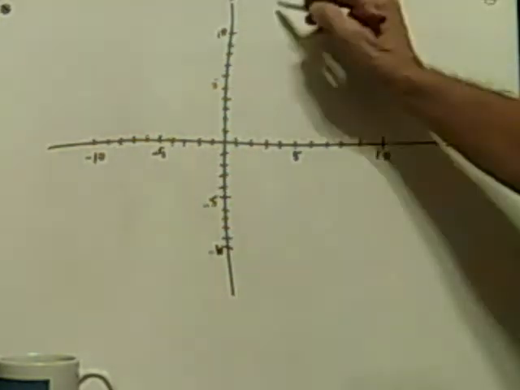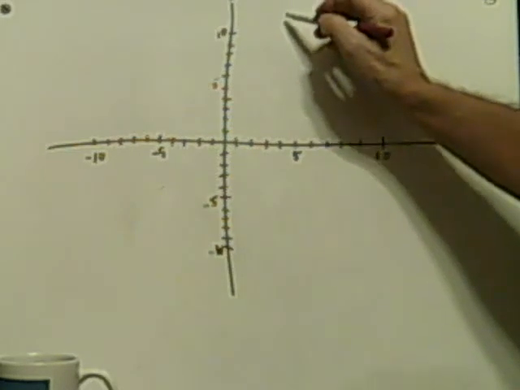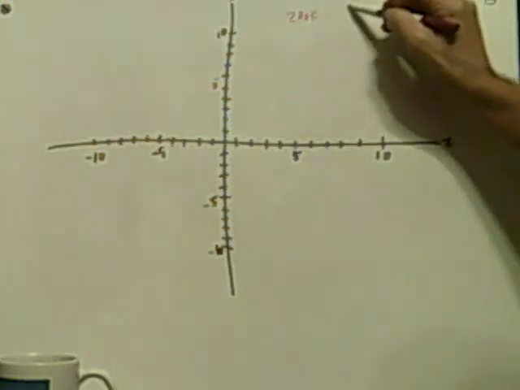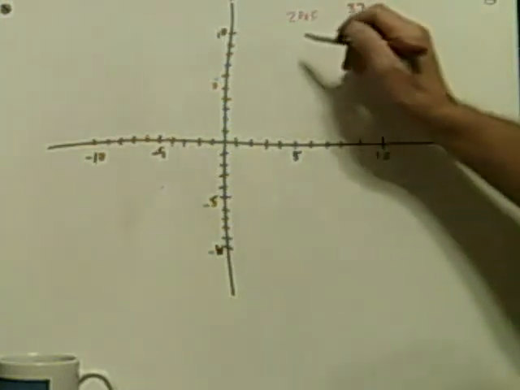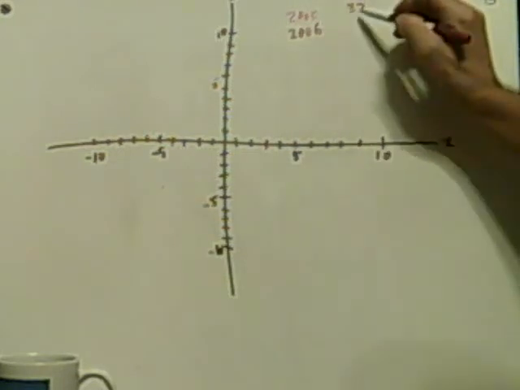Now let's go to number 10. Number 10 says, create a scatter diagram for the given paired data. It has postal rates for a 1 ounce first class letter. In 2005, it was 37 cents. This is a very interesting table. In 2006, it was 39 cents.